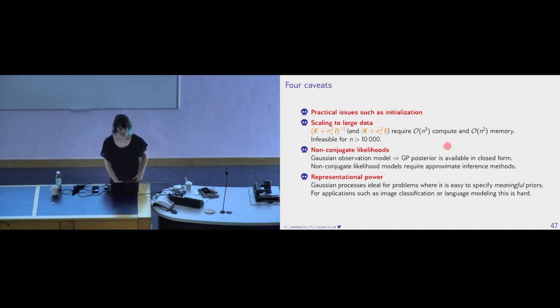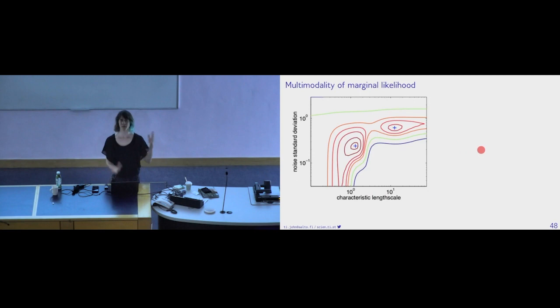All right, so for the first issue about initialization, I just wanted to point out that we briefly saw that you can use the marginal likelihood to optimize hyperparameters. Now, the marginal likelihood is generally a multimodal function. So this is an example I took from the Gaussian process book that I'll also put on the slides later.